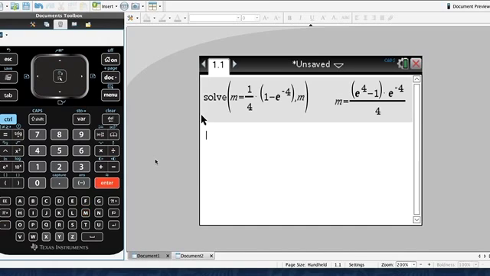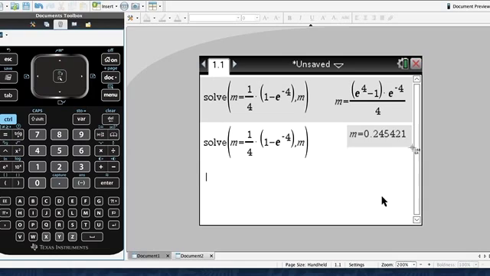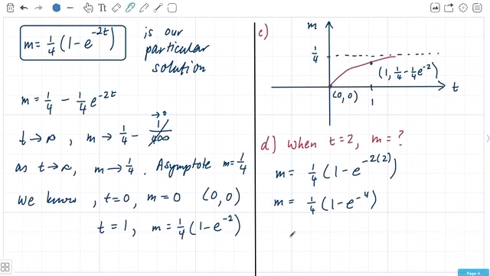You could just put the equation in, by the way, it would work either way. And then push enter. So we get an approximate answer, m equals 0.245. And remember that what we're looking for here is m, which was in kilograms.